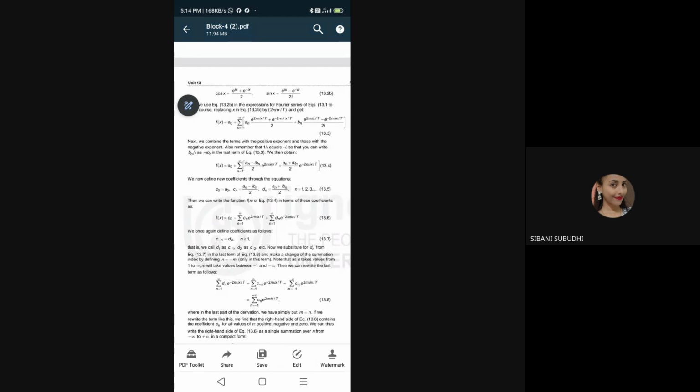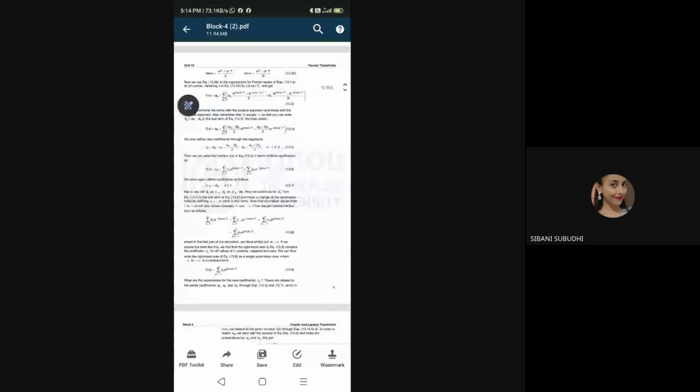So you have summation n equals 1 to infinity Dn e^(-2nπix/T) is equal to summation n equals 1 to infinity C(-n) e^(-2nπix/T) is equal to summation m equals minus 1 to minus infinity Cm e^(2mπix/T) is equal to summation n equals minus 1 to minus infinity Cn e^(2nπix/T).